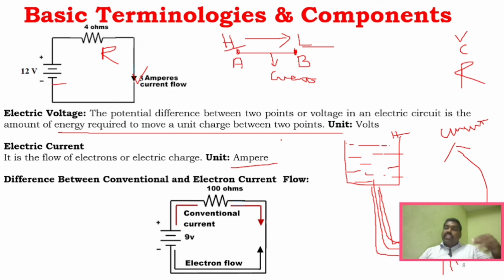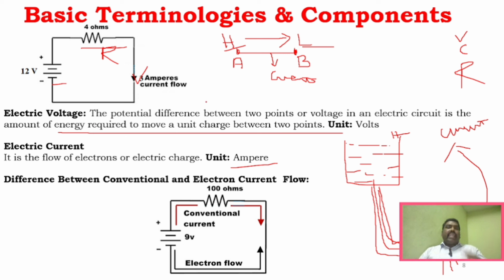And what is resistance? Resistance is something which resists the flow of electrons, which resists the flow of electrical charge. That is called resistance, right?